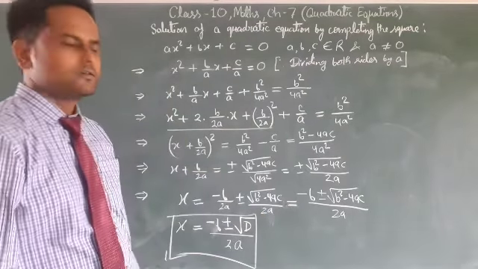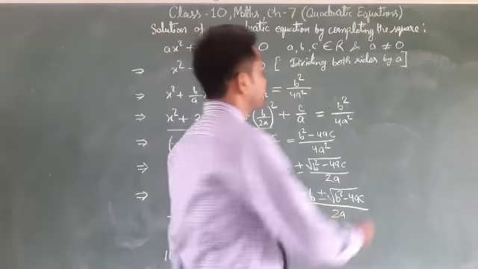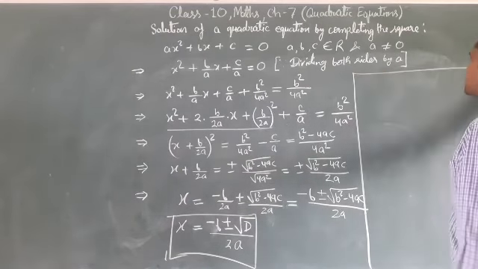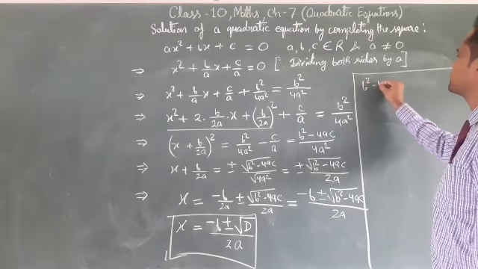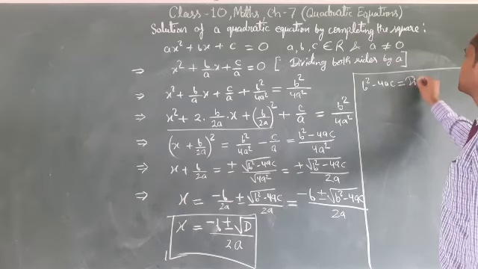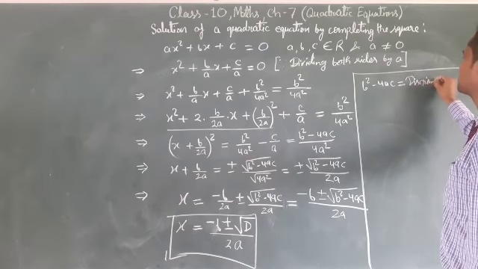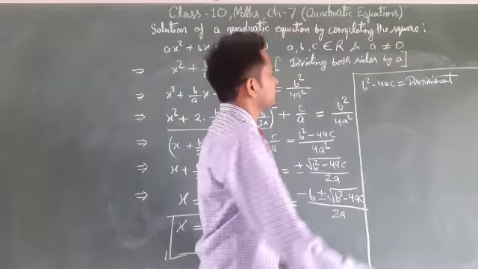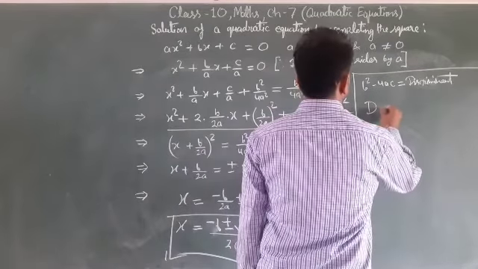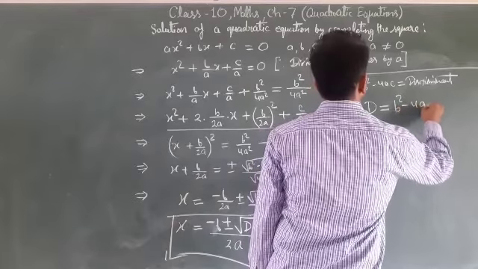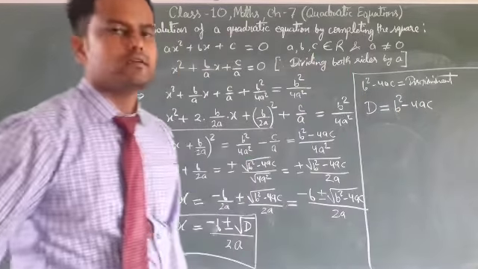Got it? So always remember, b square minus 4ac is called discriminant, which is denoted as capital D. Got it?